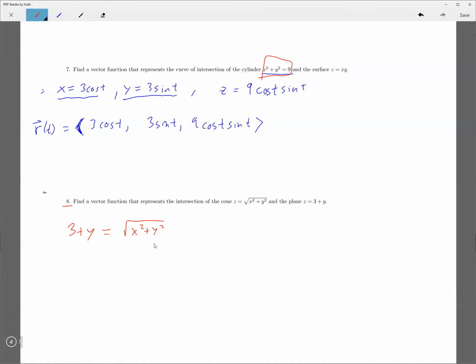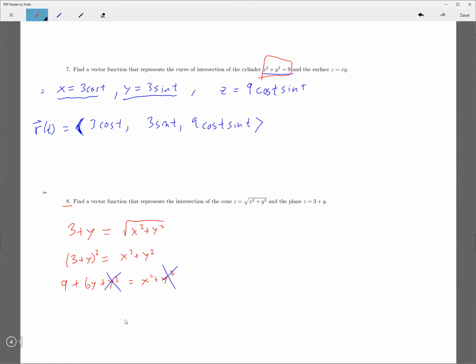And then you take the square to the other side. Yeah, square both sides. Mm-hmm. Okay, so that's 9 plus 6y plus y squared equals, ooh, I like this because the y squareds cancel. Yay.